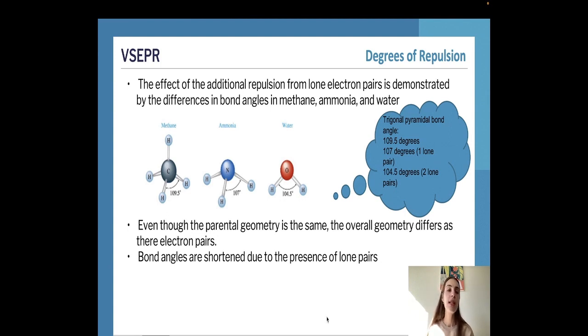With methane, we've got this 109.5 degrees separation of angle between the hydrogens which are bonded to our central carbon atom. This is because all of the hydrogen atoms around the central carbon have evenly spread themselves out such that they've all attained 109.5 degrees between each other.